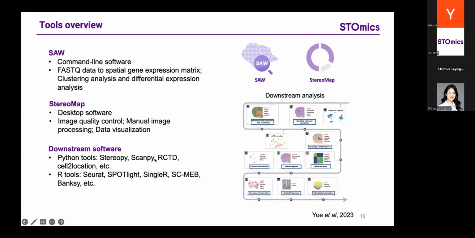For downstream analysis, we choose the right tools for each analysis step. Some commonly used ones are StereoPy and Scanpy in Python, and Seurat and SPOTlight in R. Today, I will mainly focus on the SAW analysis workflow, so I will walk you through how to use SAW and Stereo-map.